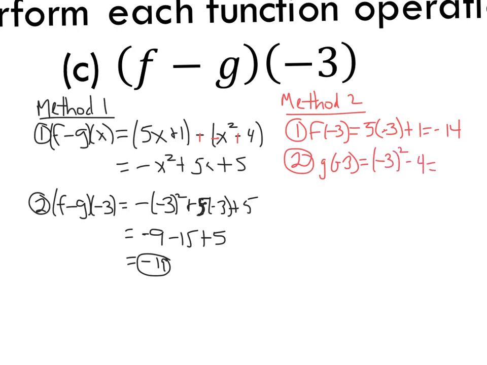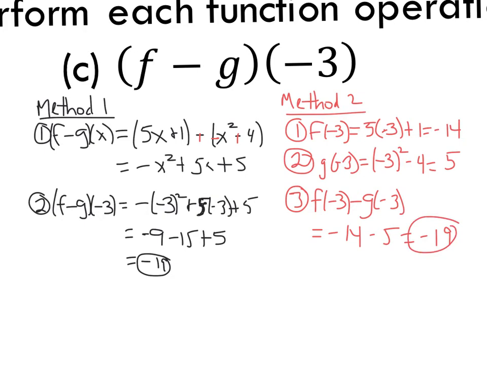So it would be 5. And then the third step is to subtract f of negative 3 from g of negative 3. And that equals negative 14 minus 5, which is negative 19. Notice we get the same answer either way, so it does not matter which method you use.